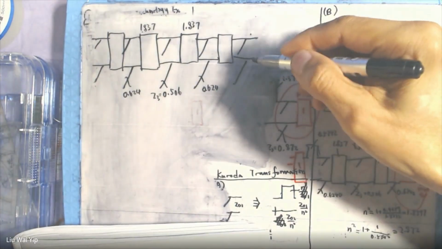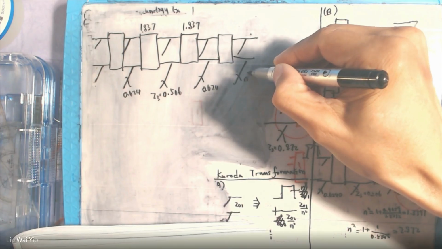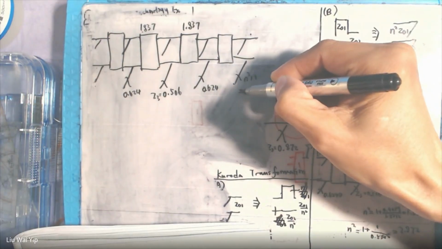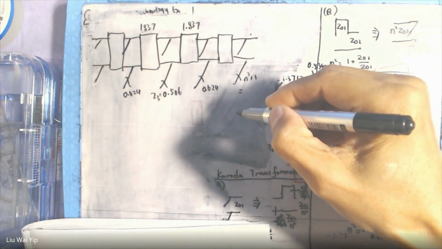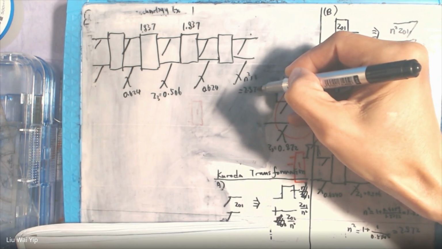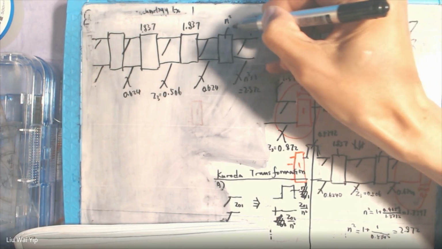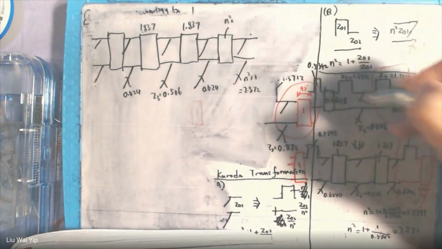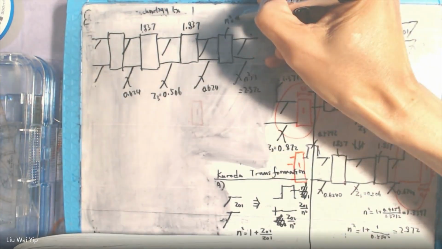This one, n square times 1. So this will be 2.872. And this one will be n square times this guy, 0.5342.